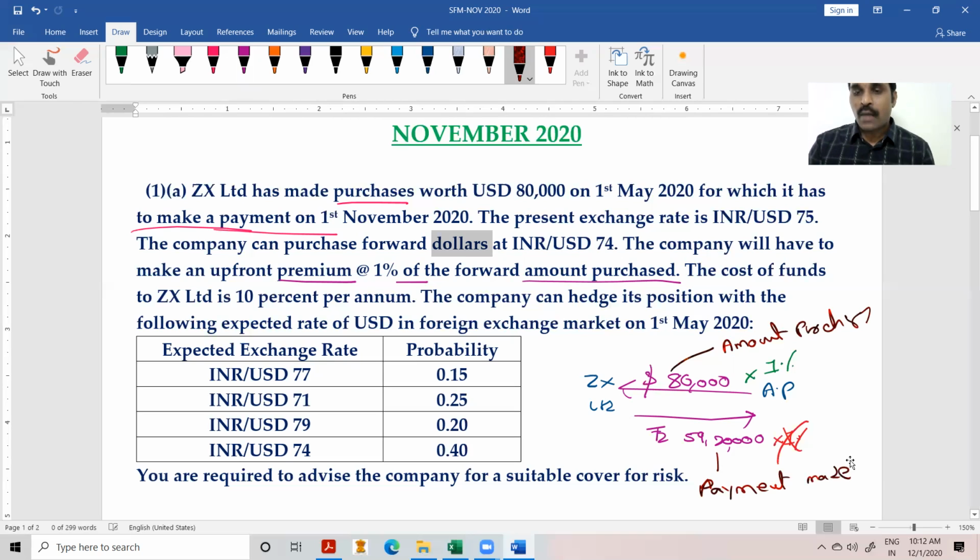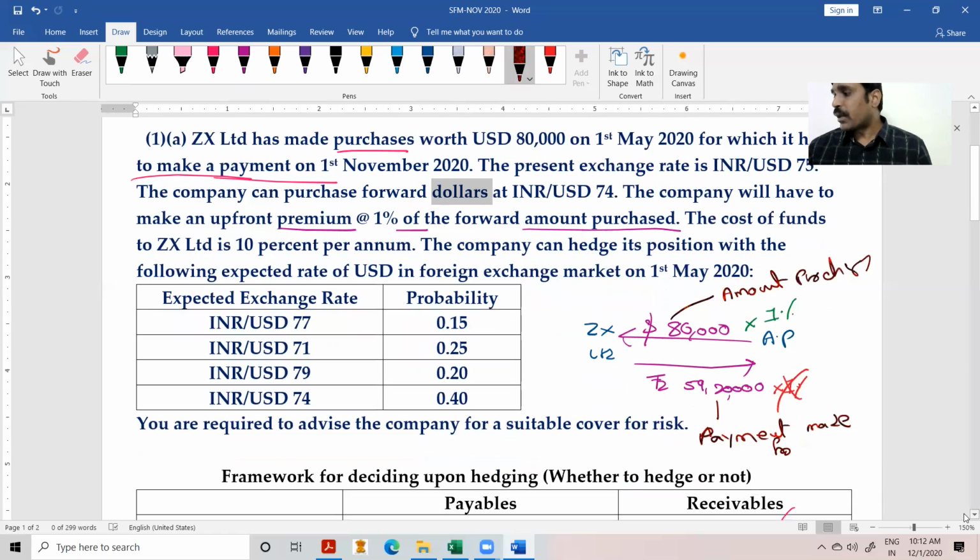Be clear: the amount purchased is $80,000. The payment made for the purchase is a different amount. So that 1% has to be calculated on 80,000, not on 59 lakhs 20,000. That means the forward premium has to be paid in dollars. Now in this problem, the forward premium amount is paid not in rupees but in dollars.